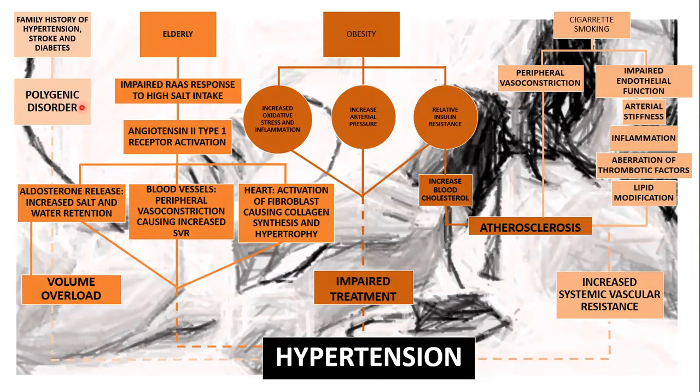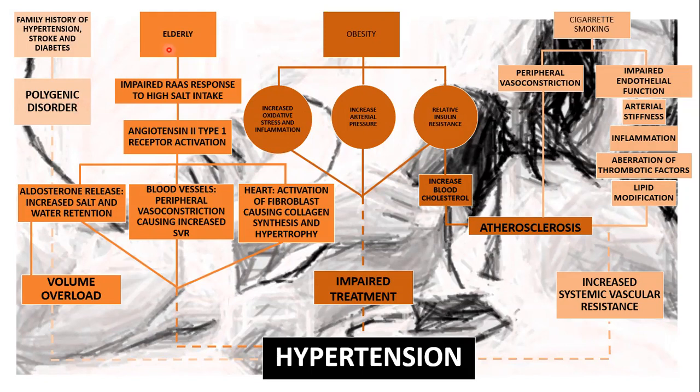There is a combination of genes and environmental factors that lead to the development of this disease. And having a family history of hypertension, stroke, and diabetes contributes to an increase in blood pressure in those individuals with that history.